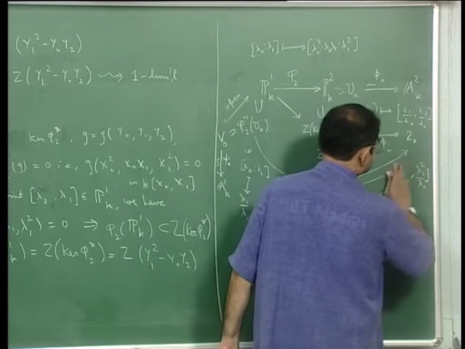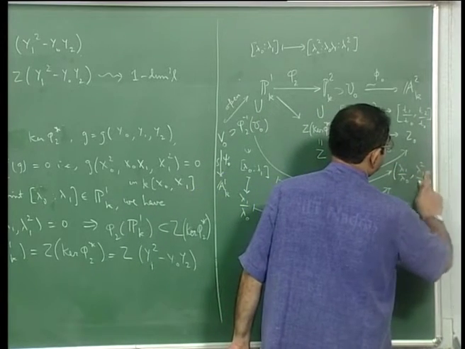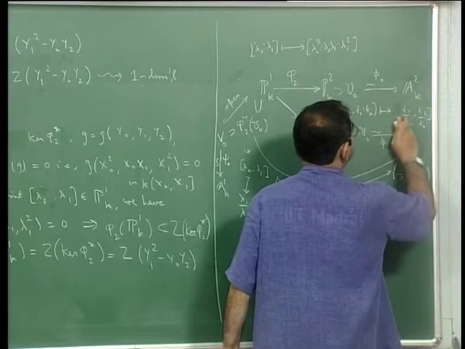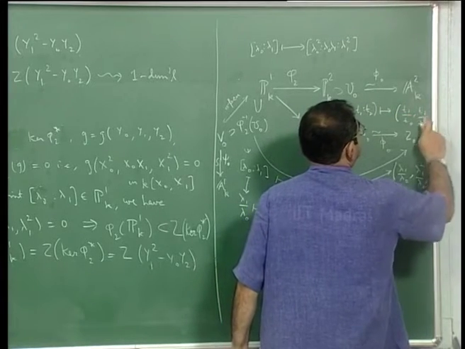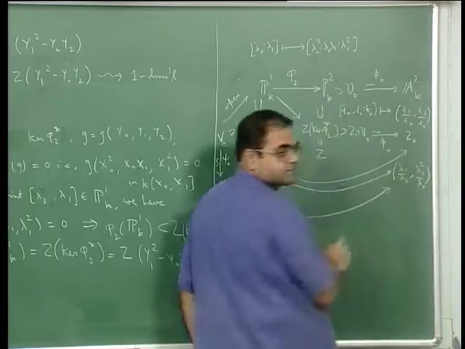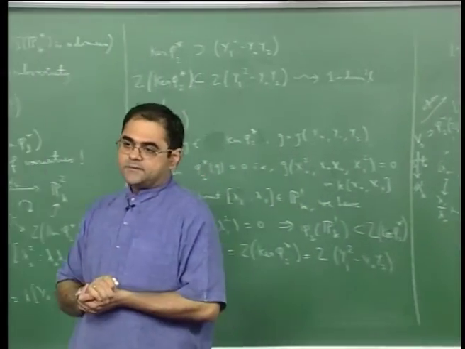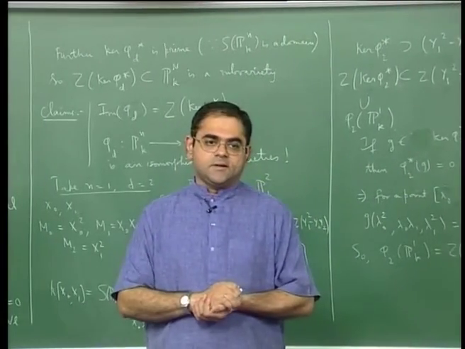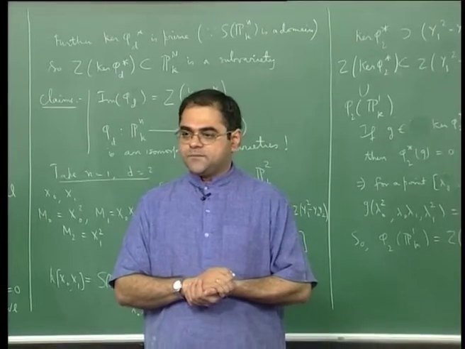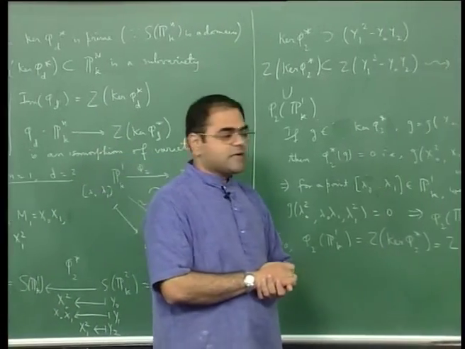Mind you, I should not put square brackets, it is round brackets, since these are coordinates in affine space, separated by commas. You use square brackets only for homogeneous coordinates.